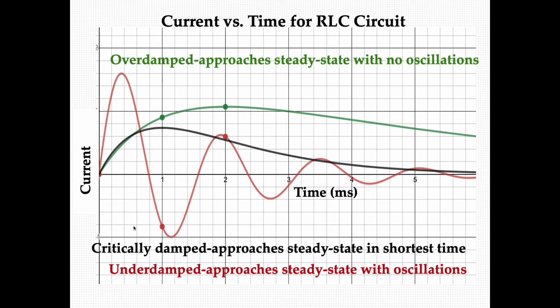When I plotted this in Capstone, I just chose R, L, and C to give me those graphs. And it's possible that the critically damped version of what I drew can go to zero a lot faster, depending on the value of R, L, and C I'm given. So it's hard to make that conclusion.